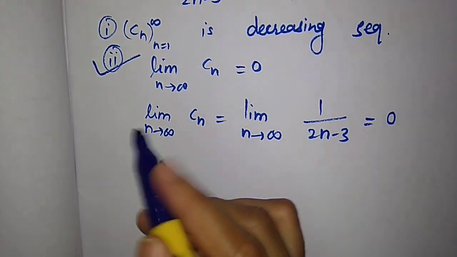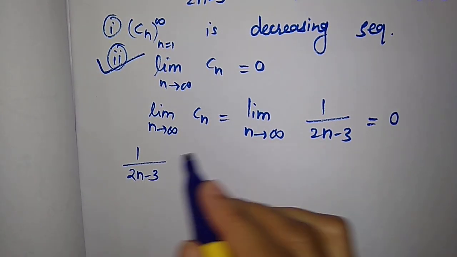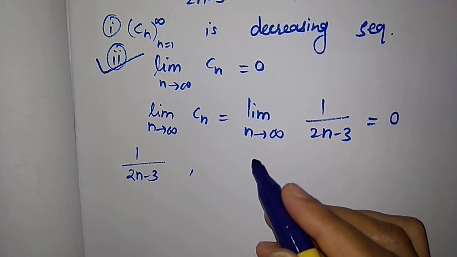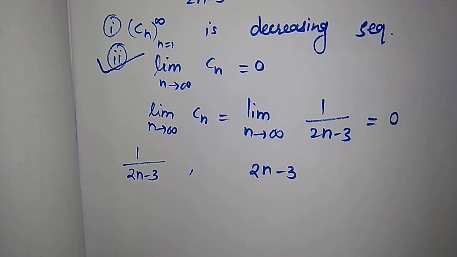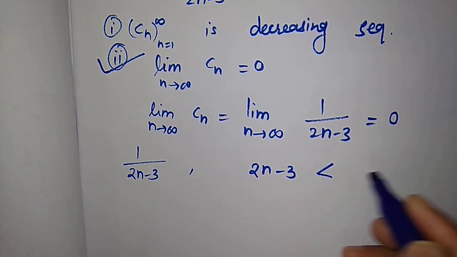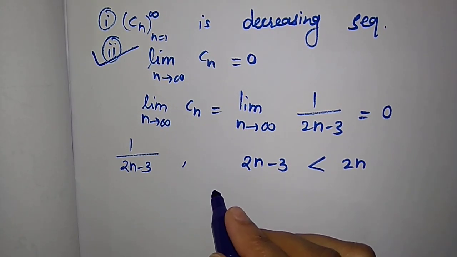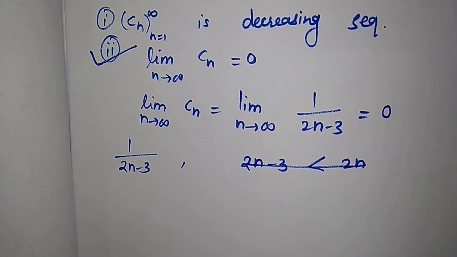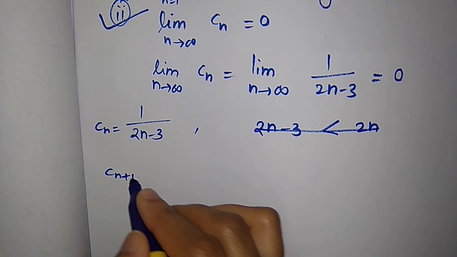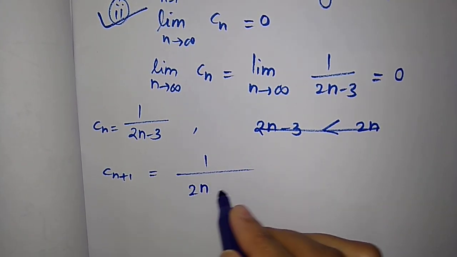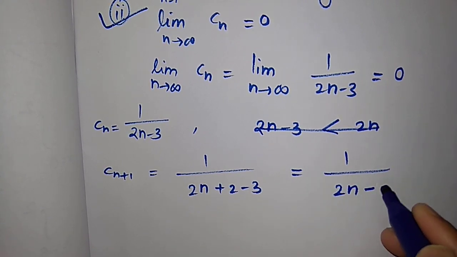So let Cn be 1 by 2n minus 3. This is the sequence. Now as we have done before, 2n minus 3 is just less than 2n, or you can use the n plus 1 criteria. So this is our Cn. Cn plus 1 is just equal to 1 by 2n plus 2 minus 3, which is the same as 1 by 2n minus 1.